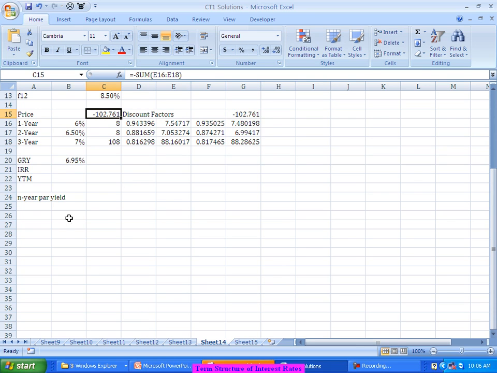This will not become 102.76, this will be 100 only. So if I am purchasing this at 100, I will alter this amount now. What should be the coupon every year, if the purchase price is 100, as well as the maturity price is also 100?